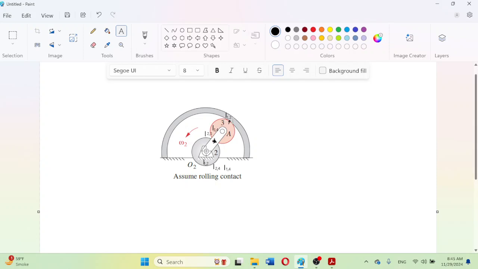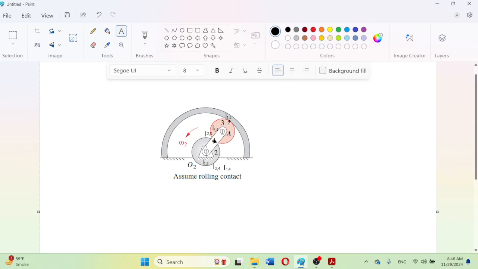The sixth instant center is the contact point between these two meshing gears: gear number 2, which is in fixed axis rotation about this point O2, pin O2, and link number 3, which is rotating about this point A but is not in fixed axis rotation.